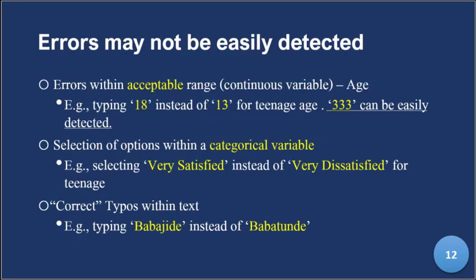It's good that you understand that these things exist, and you may not find some of these inconsistencies until you are adding some other context or variables. Okay, so I hope you understood this.